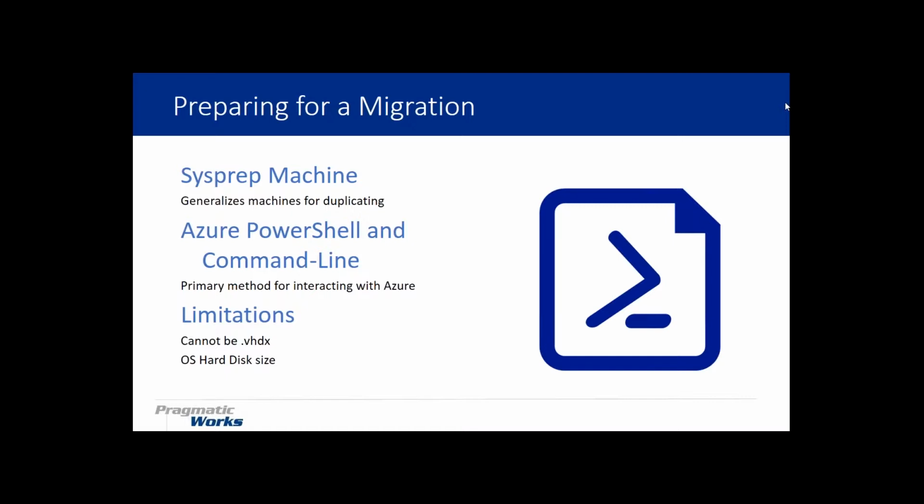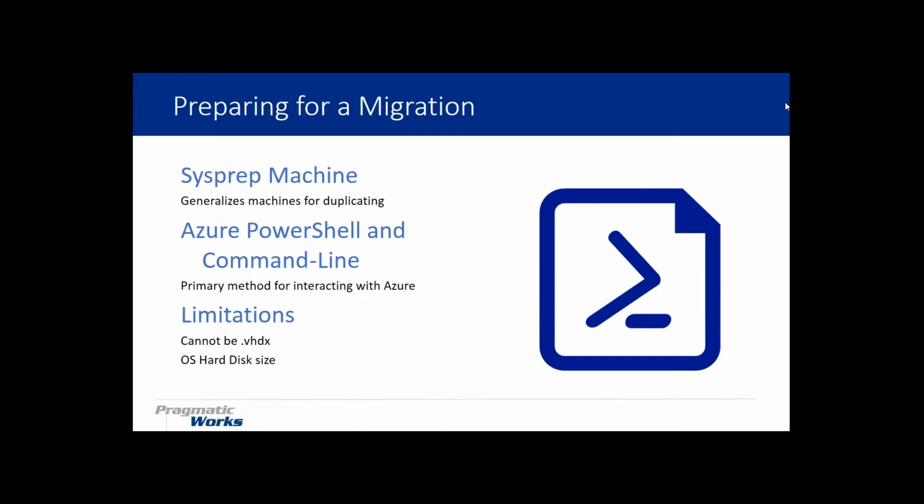So if I go in and create a dynamically expanding disk and say that the max size of this disk is 250 gigs, when I get ready to upload that disk to Azure, it's going to convert that over to a fixed size disk. It's going to take the entire allocation, all 250 gigs, and make one disk out of that 250 gigs. So that's immediately going to violate that OS hard disk size of a max of 127 gigabytes.